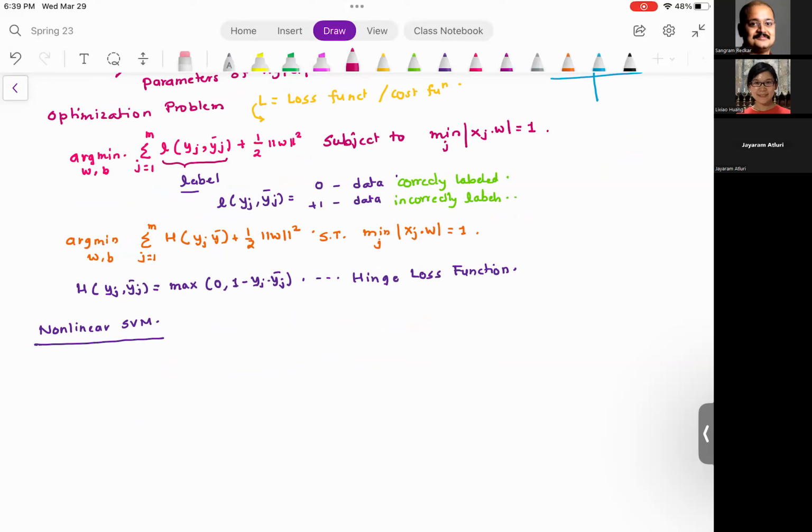So I'll give you an example. The idea is we map data into, say, higher dimensions.